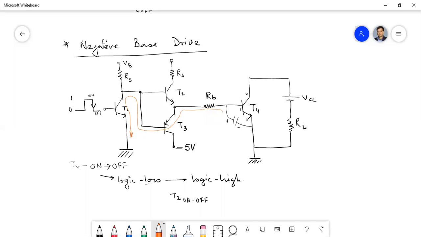You see, in the logic low to high, that means we are going to the high state, isn't it? In the high state, your T1 will be on. So that means this path will be through. So then the parasitic capacitor will discharge through this path.